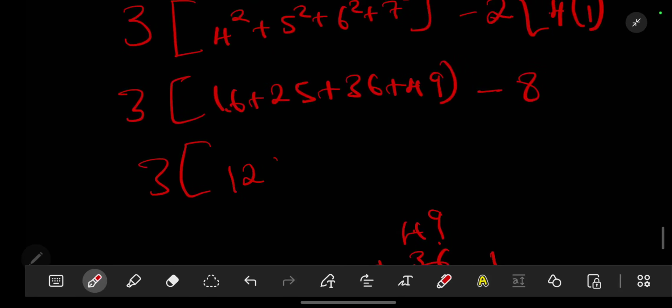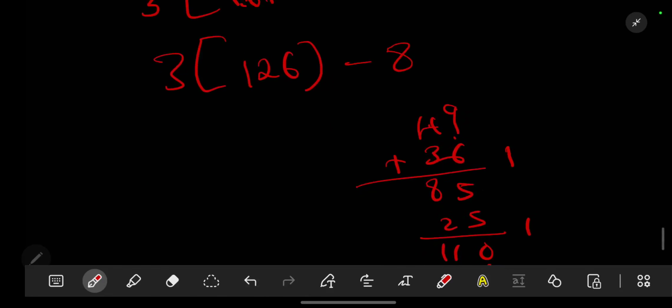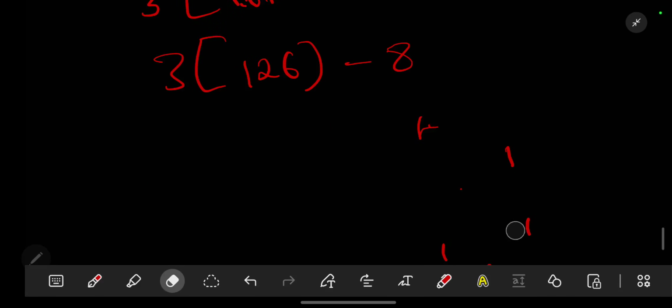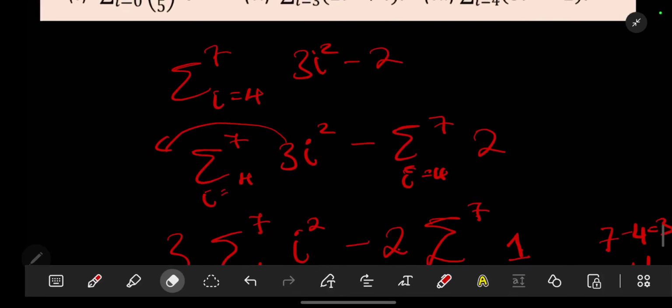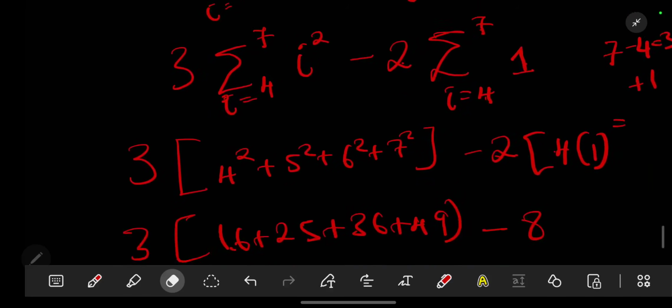So we write 126 minus our 8, like that. Which makes sense, because that means if you look at the summation here, that means 2 should be subtracted 4 times, because from 4 to 7 we have 4 numbers. That's how come it's 8.